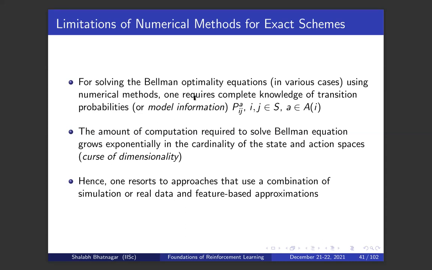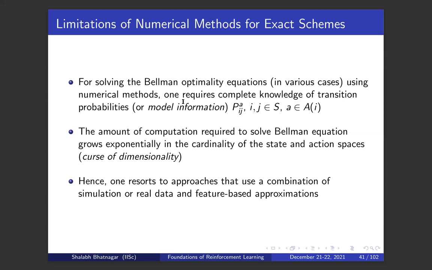One of the key limitations is that in order to solve the Bellman optimality equations using numerical techniques, one requires complete knowledge of the transition probabilities. I mean, what is the probability of going from state i to state j when you have picked action a? You need this information entirely for every state-action tuple.